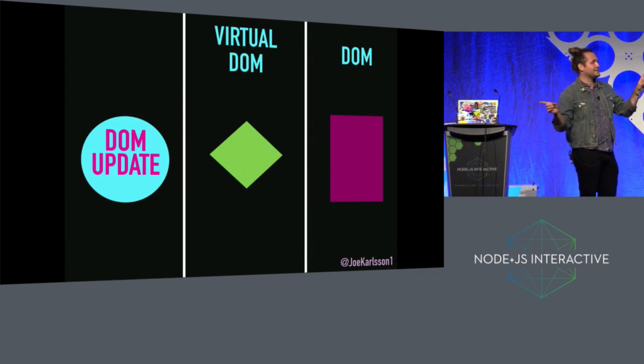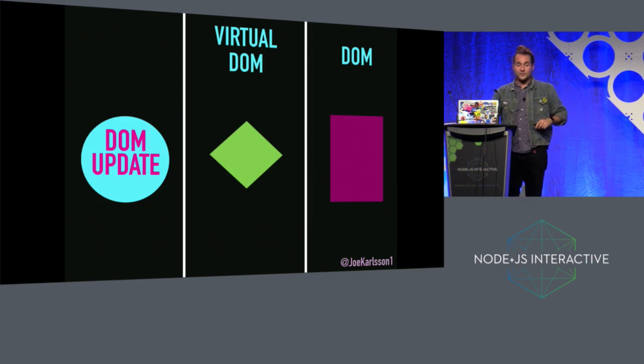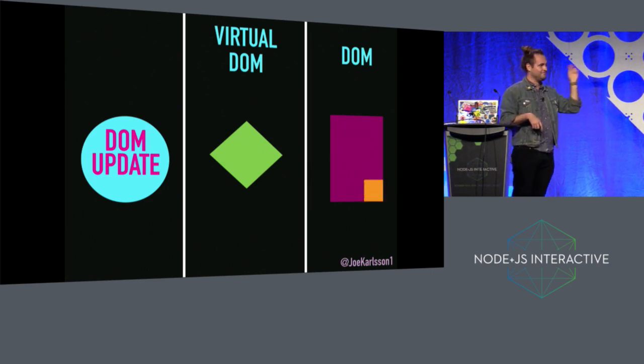Then React compares the old virtual DOM to the new one with the update, and looks for the differences. In this example, the little orange square is the difference between the new virtual DOM and the old one. Then we make a patch process to the actual physical DOM.